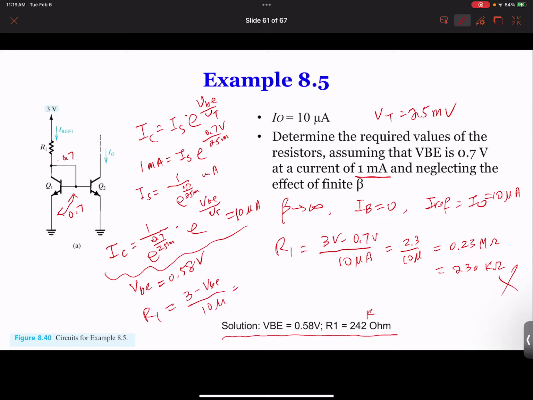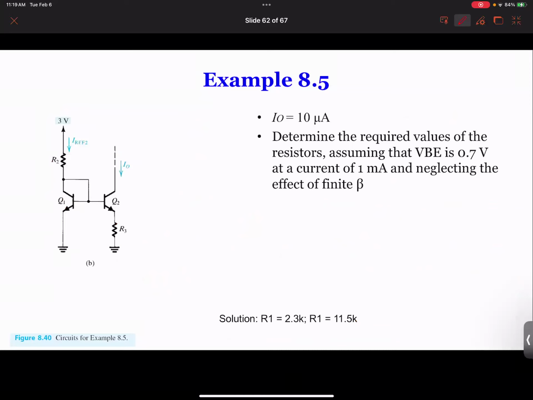That gives you 242 kiloohms. So this is kiloohms. So that's what we get for 8.5.